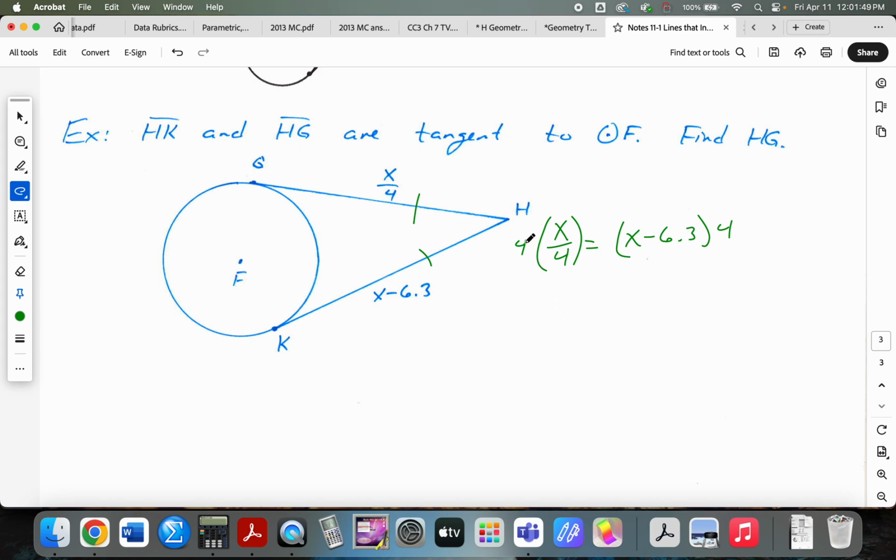When we do that, we're going to have 4 over 4, which is what? No, 4 over 4 is not 16. 4 over 4 is 1. So I just have 1x, and here I need to distribute the 4. So that'll be 4x, and let's see, 6.3 times 4.